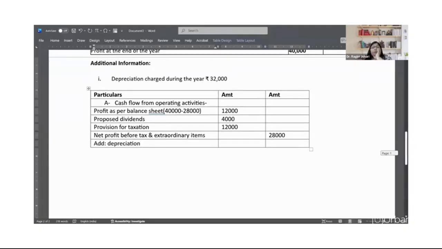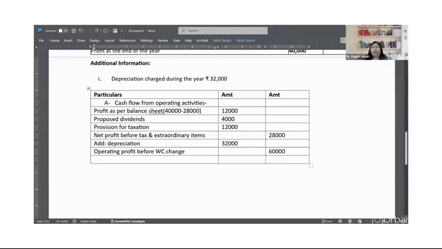The depreciation given is 32,000. We add this 32,000 to this, and after this, we get operating profit before working capital change. 28,000 plus 32,000. This makes it 60,000.